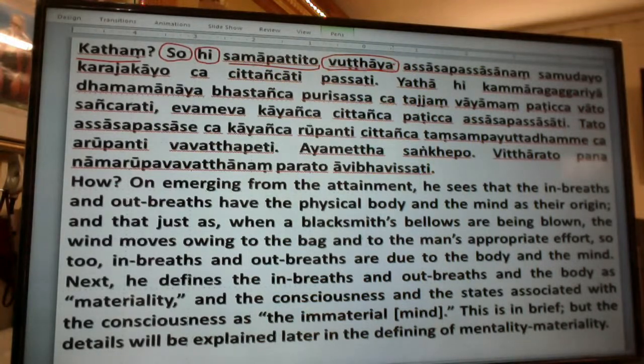Just like when you are in a sitting situation and you want to change to another posture, maybe walking, maybe standing, you have to stand up from sitting. Utthaya means stand up. But stand up here actually means in meditation, it's not like this.